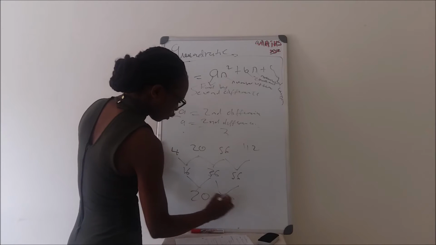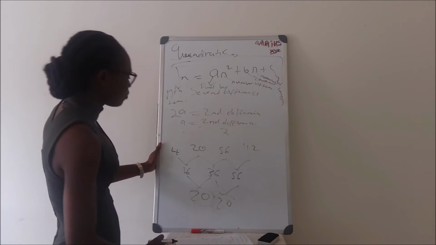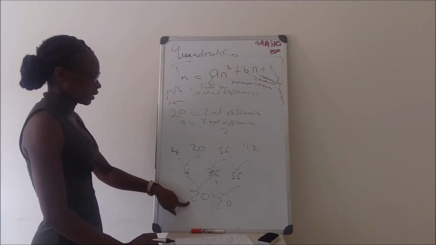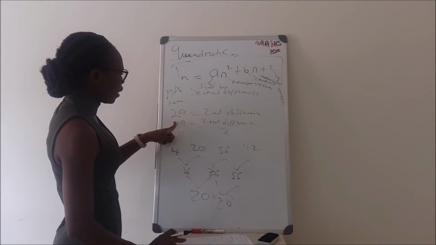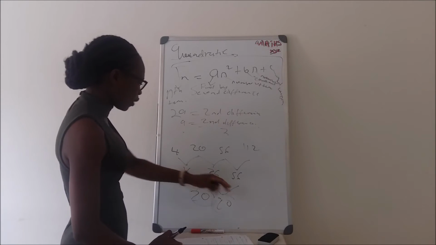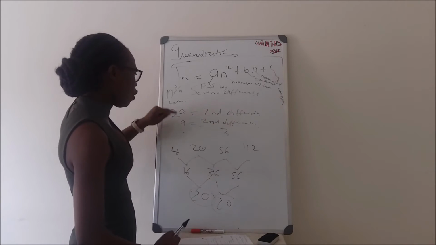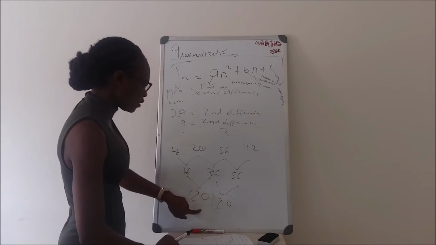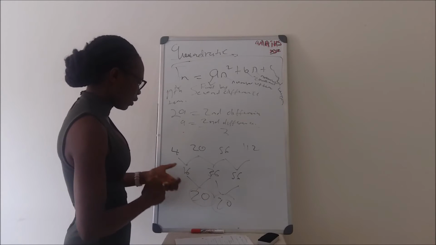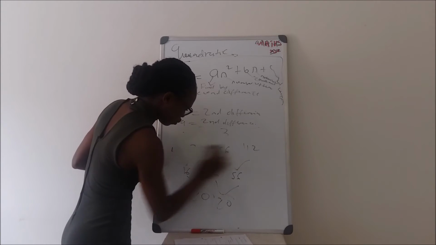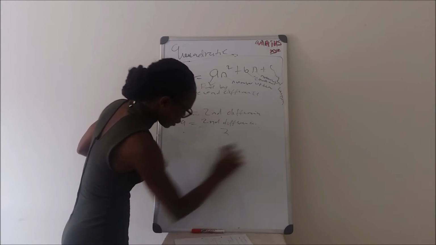So it only becomes the same when we are looking at the second difference. So a with the quadratic equation is not found from the first difference, but by using the second difference, where a is equal to the second difference divided by 2. This was just an example to show you what I mean by the second difference.